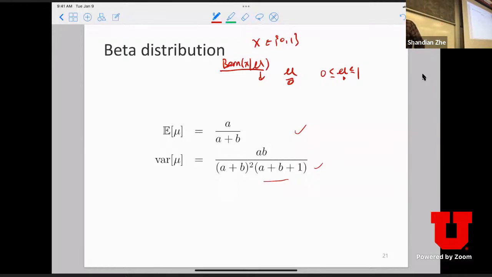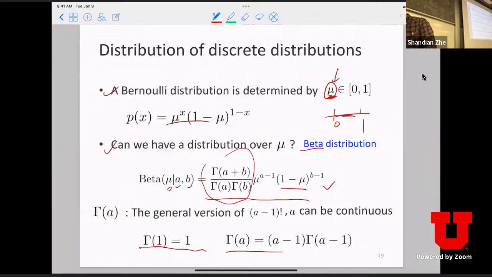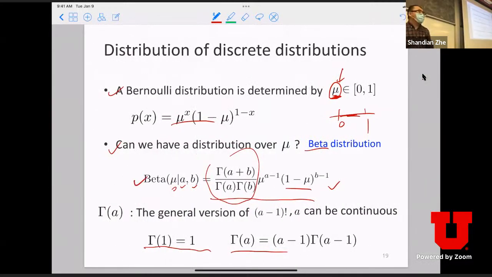The most commonly used distribution for this single probability is the beta distribution. In the last lecture, we talked about the probability density of the beta distribution. Pay attention to the beta distribution.